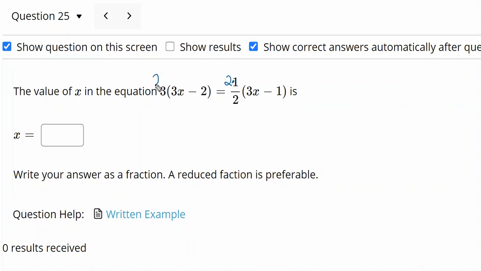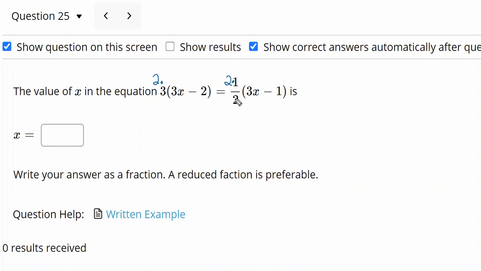And don't worry that I'm not multiplying every term by 2. I kind of am, because when I multiply the front by 2, this is going to be multiplied by everything. So as long as you understand what's going on there, that's fine.